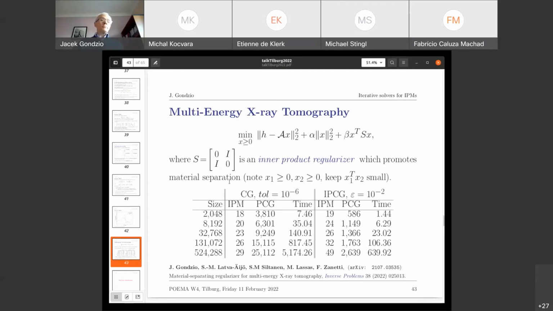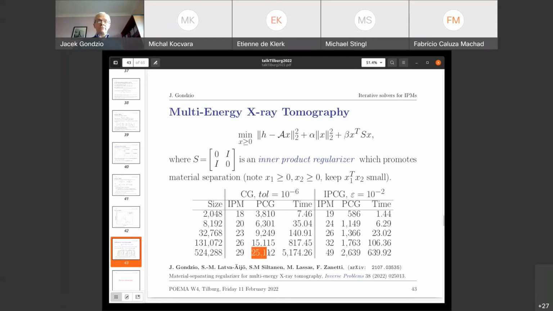And what we could see is that if we use the standard implementation of the interior point method with standard conjugate gradient, going for a 6-digit accurate solution, then we would require many CG iterations and we would waste a lot of time. If we use an intelligent preconditioned conjugate gradient with this new stopping criteria, then significantly fewer CG iterations are performed.